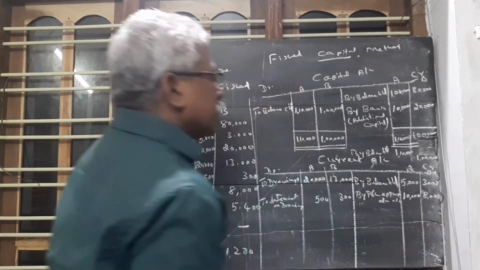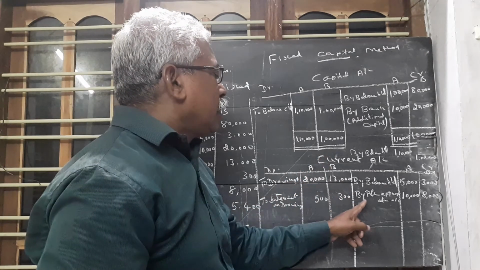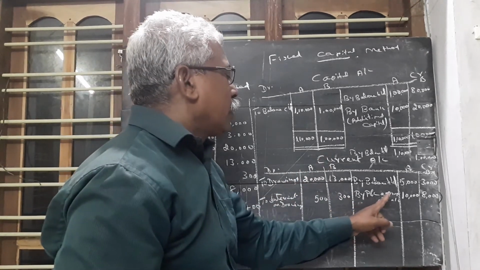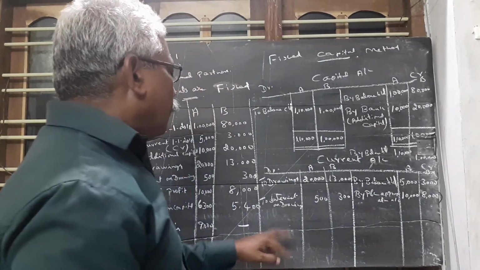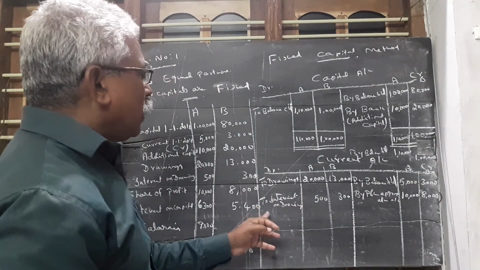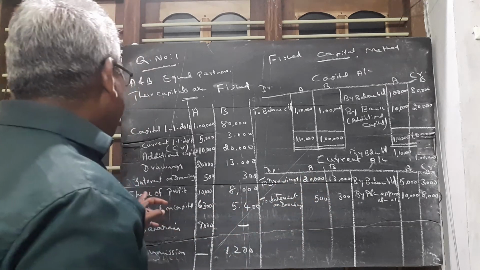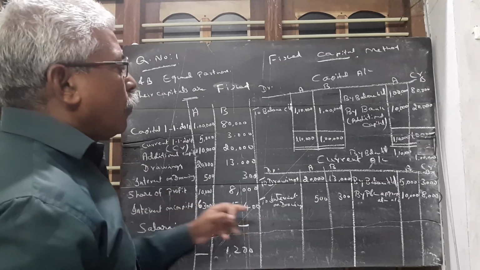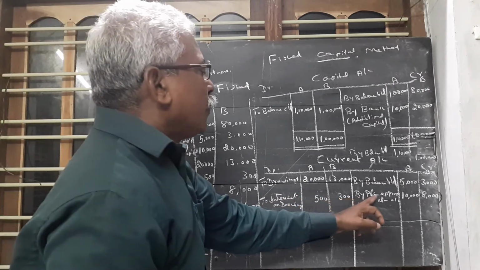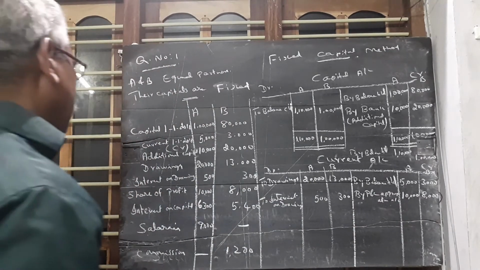If the partners earn a profit, on the credit side we use the words profit and loss appropriation account. If it is a loss, it comes in the debit side, to profit and loss appropriation account. Now the partners earned a profit, so instead of writing share of profit, we use the words profit and loss appropriation account, 10,000 and 8,000.